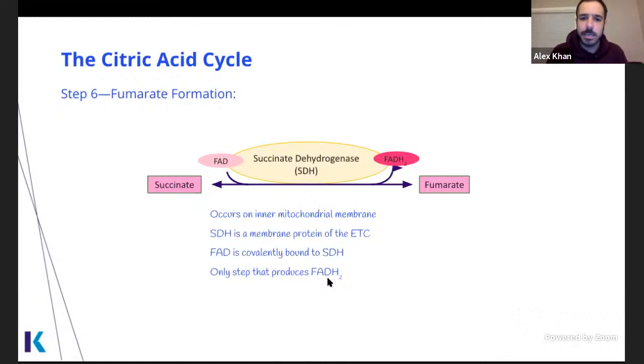The bottom line is that while we take some of the energy here out of succinate and use it to reduce FAD+, the reducing power is just not strong enough to reduce NAD+. So instead of wasting that energy, we say, okay, it's not good enough for this, but it is good enough for that. It's kind of like, I just don't have enough money to sit in first class, but I don't want to not go on a trip, so I'll just go sit in coach. It's kind of what's going on here.